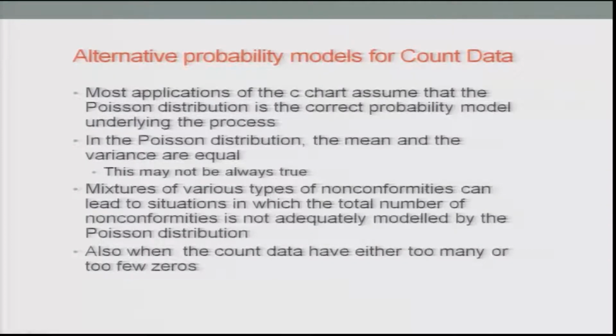Most applications of the C charts, the conformity charts which we just considered, assume that the Poisson distribution is true. Now, to step back, I am not changing that course of discussion, but remember that whatever the distribution be, maybe it is binomial, maybe it is Poisson, maybe it is exponential, if you keep taking observations, then in the long run if you draw the histograms, they will slowly mimic the normal distribution.